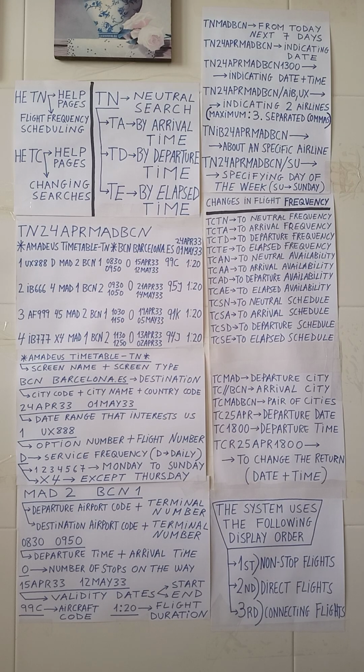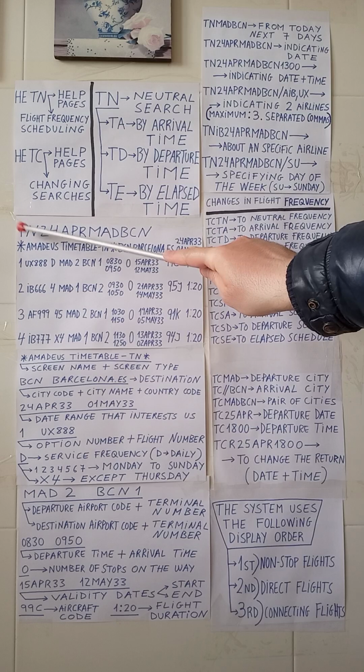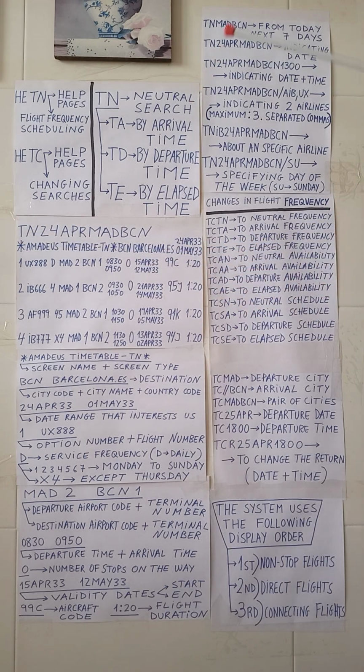In the following pages, in this one and in this one, in these 2 pages, I will use the TN code at the beginning of some transactions. Here, at the beginning of this transaction, and in all the transactions you can see in this page.